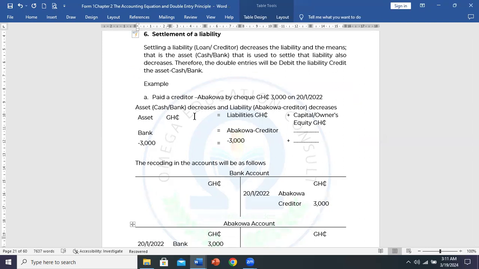An example is here: paid a creditor Abakwa by check 3,000. So the business is paying a creditor, which is a liability, by check. So bank is going to decrease, so we credit bank, and the creditor Abakwa's balance is also going to decrease, so we debit it as well. I believe it's very simple.